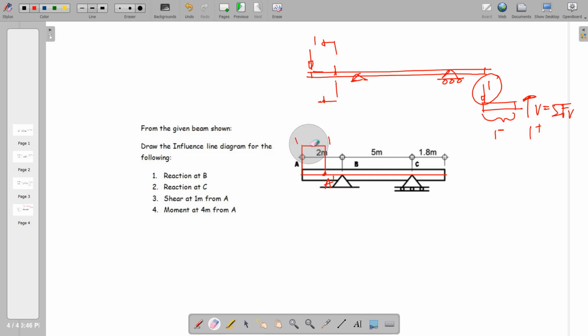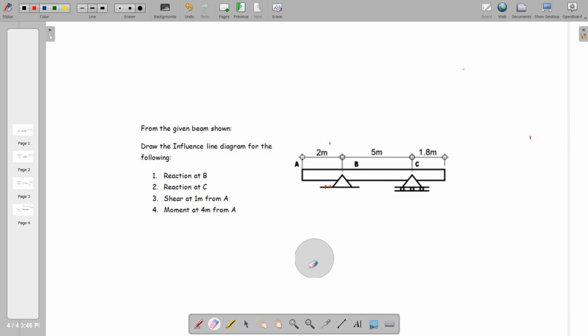Take note of that. Okay, so moving on to our moment 4 meters from A. Again, we're gonna measure that location and consider this point. So we allow that to move upwards.